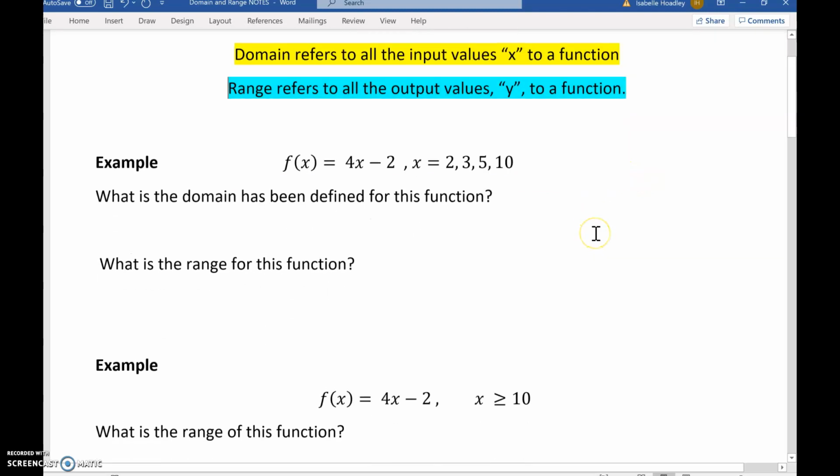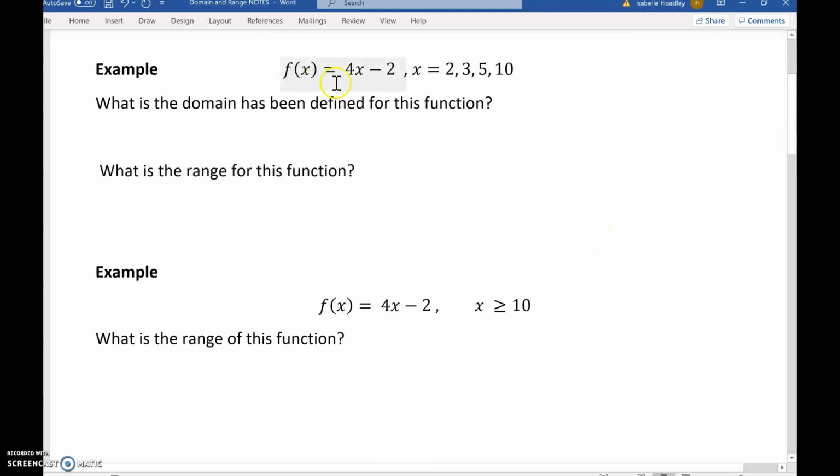Okay, so if, for example, we have f of x equals 4x minus 2, where x is equal to 2, 3, 5, or 10, what is the domain that has been defined for this function? Just be careful, there's a bit of notation going on here.